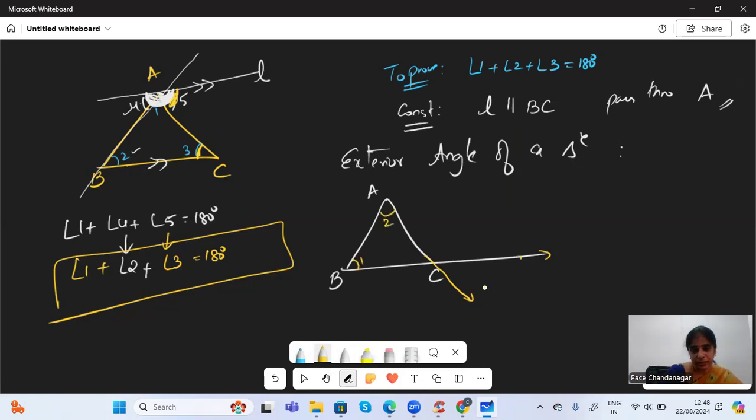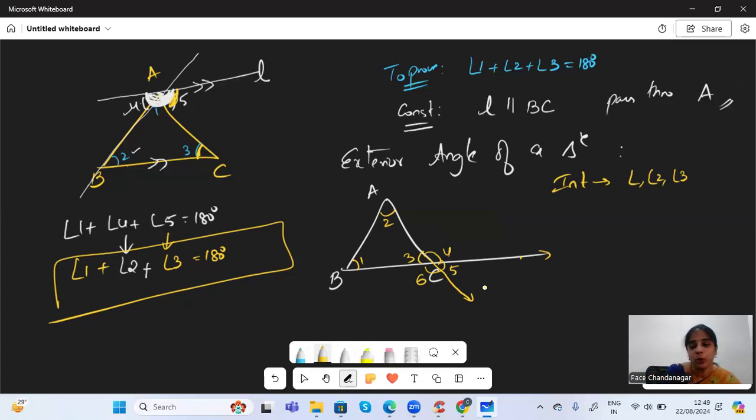Angle 1, angle 2, angle 3, 4, 5, and 6. So these are the numbers which I marked for my angles. Now tell me which angles are interior. If I ask what are all the interior angles, you would tell me yes, angle 1, angle 2, and angle 3, and you give me the reason. Fine, very good, absolutely fine.